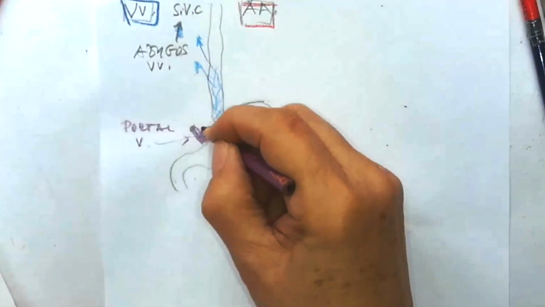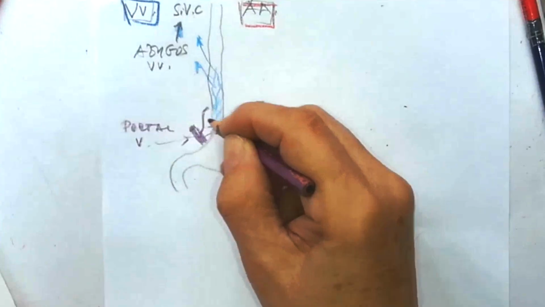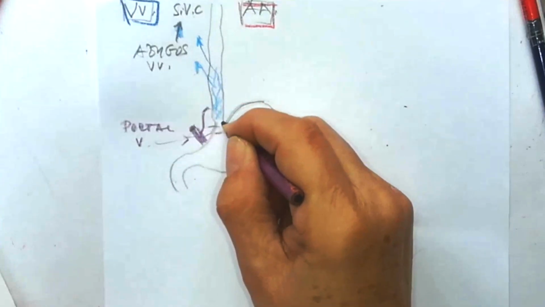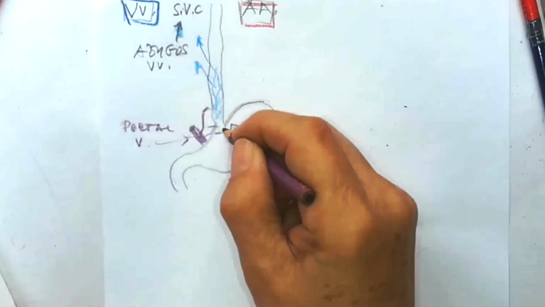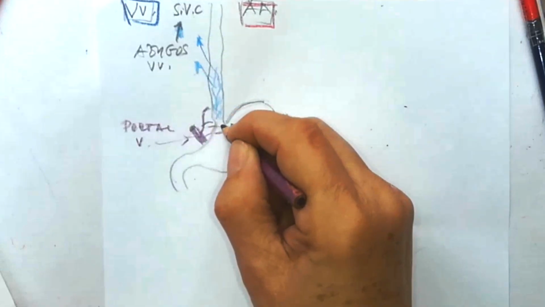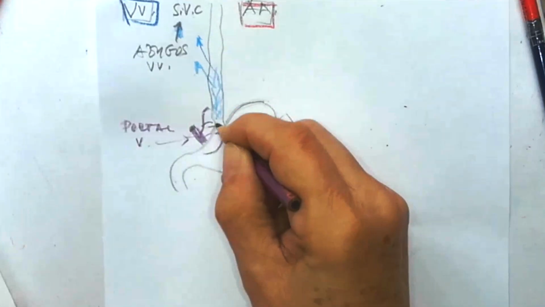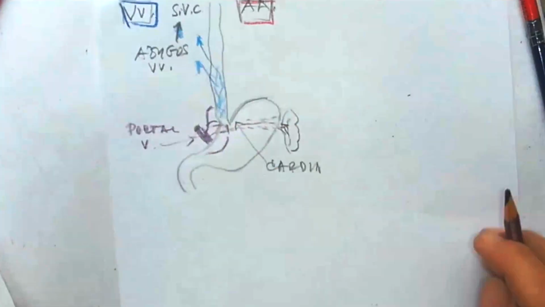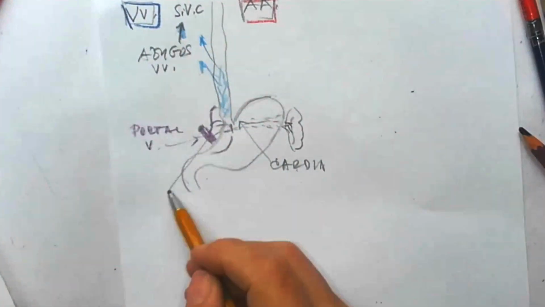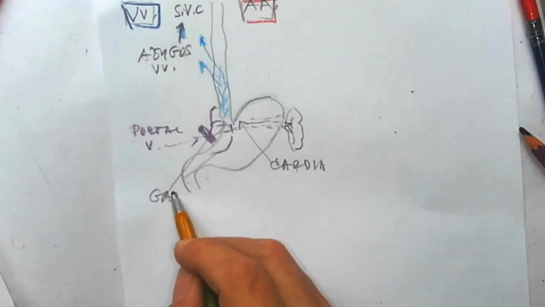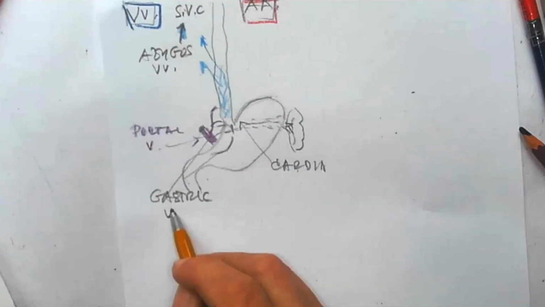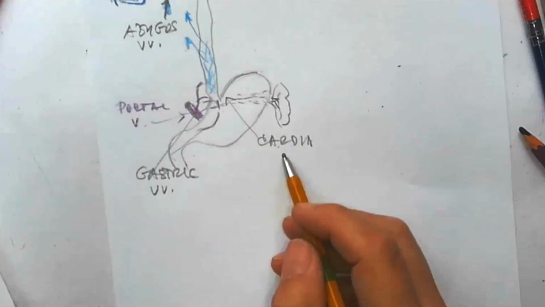Then there are also gastric veins from the lower part, also from the gaster, but also from the area which belongs to the gastric veins. I will label it gastric veins, right and left.